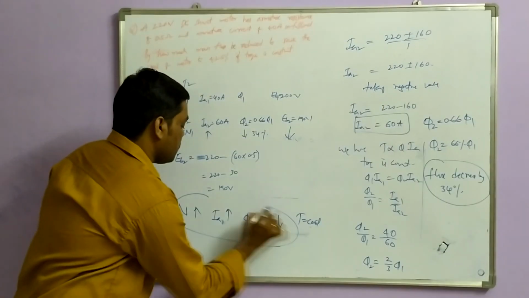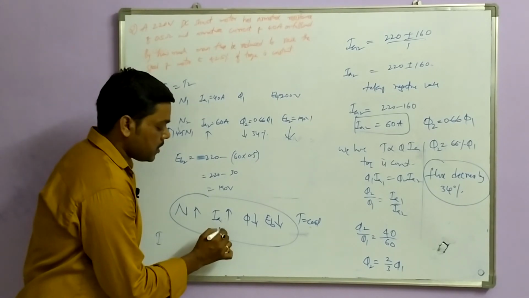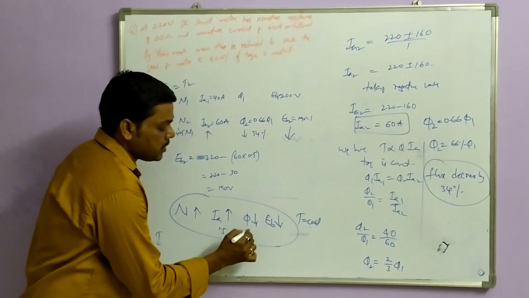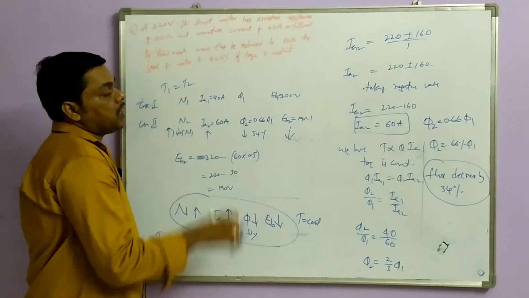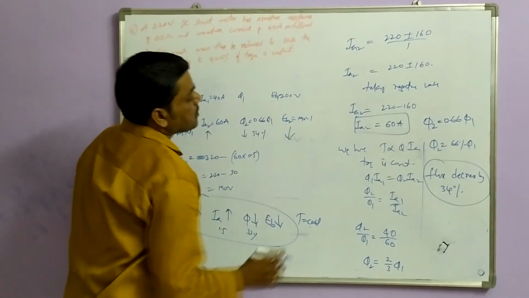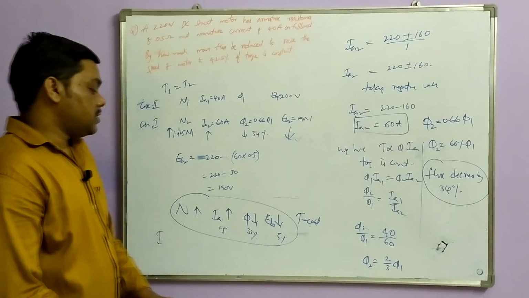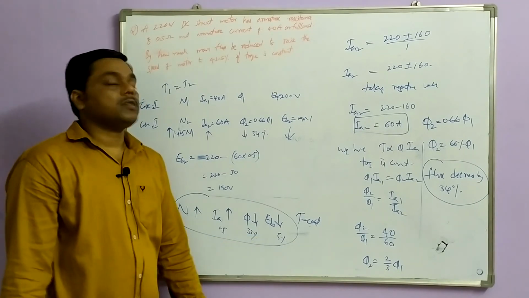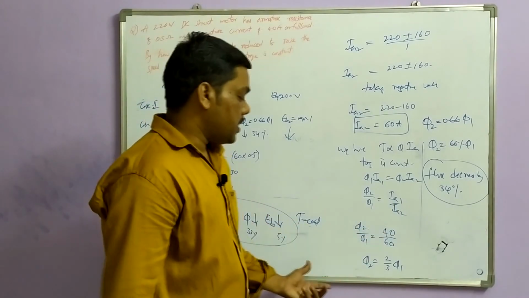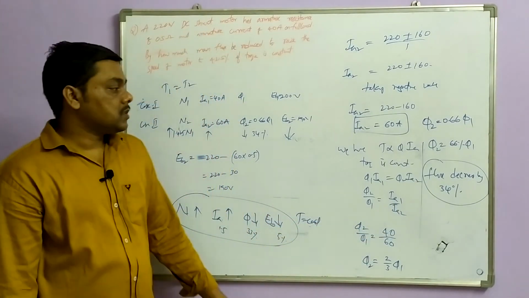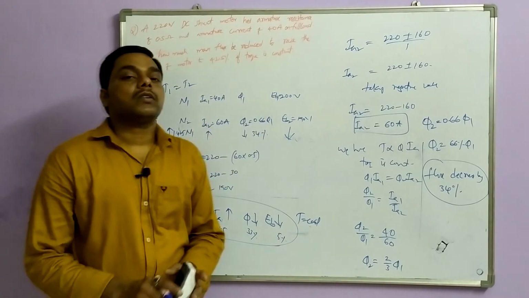The armature current increases by 1.5 times, the flux decreased by 33%, and the back EMF decreased by 5%. So like this, we can calculate the armature current and flux relations with the given speed and torque relations.